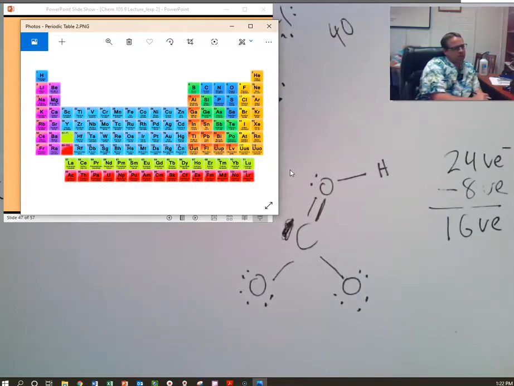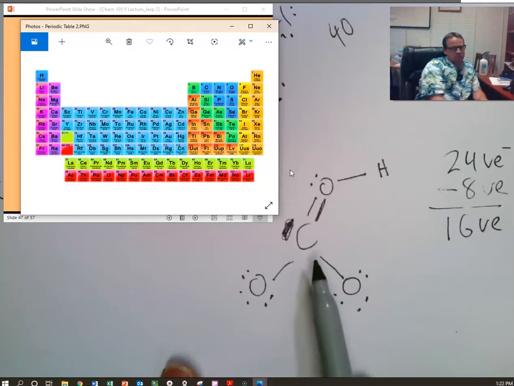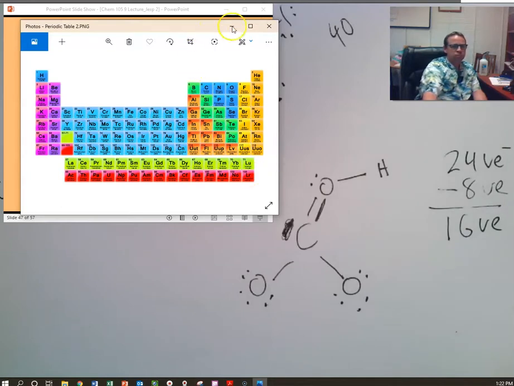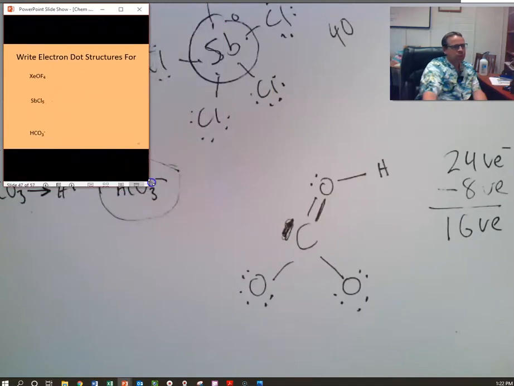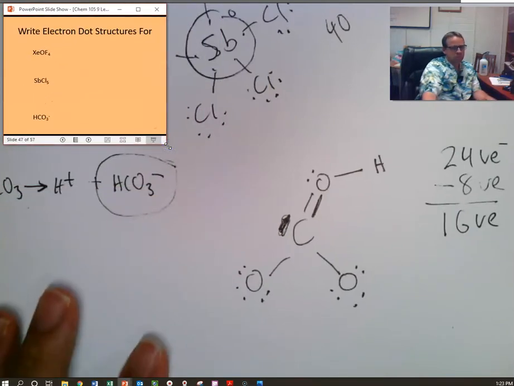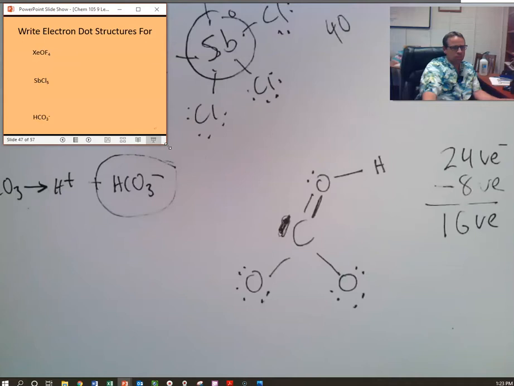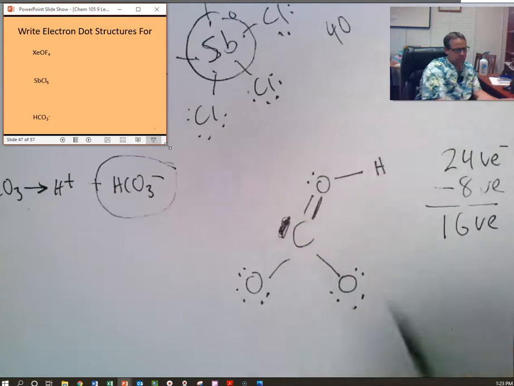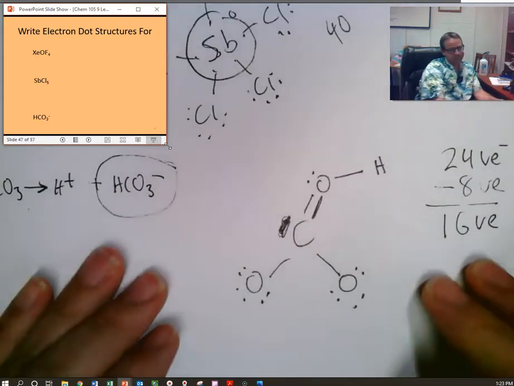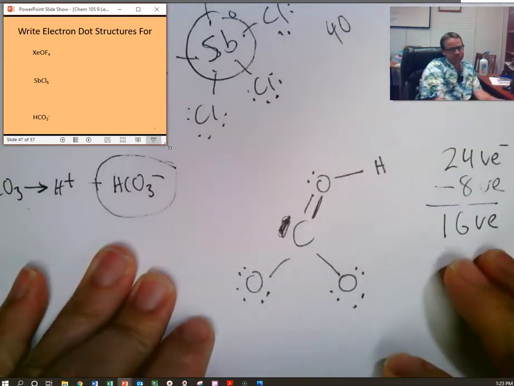All right, Emily, tell me, is there anything wrong with this structure that I've drawn? The oxygen at the top with the hydrogen has just 5 right around it.